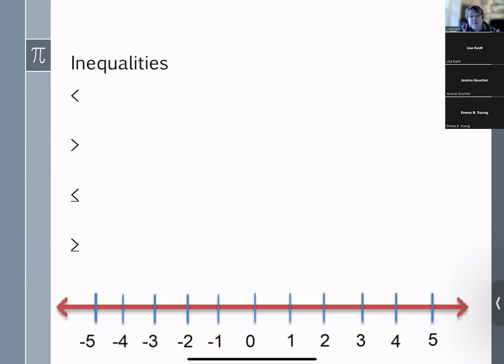So looking at the number line, we can start looking at inequalities. Is something bigger or smaller than something else? So that first symbol on this slide, where we have that arrow pointing to the left, indicates less than.